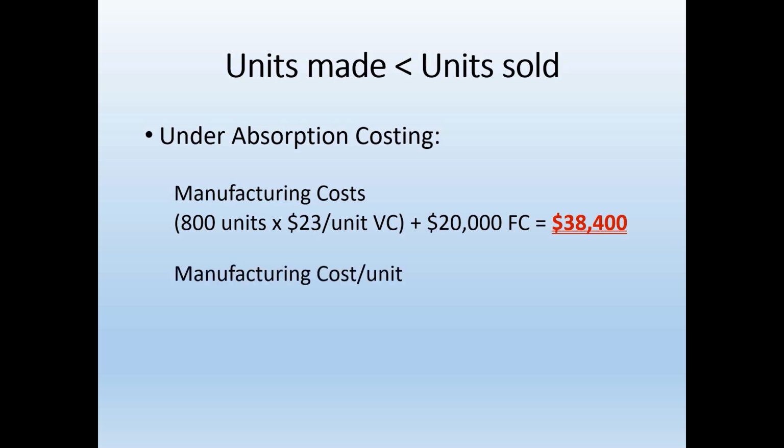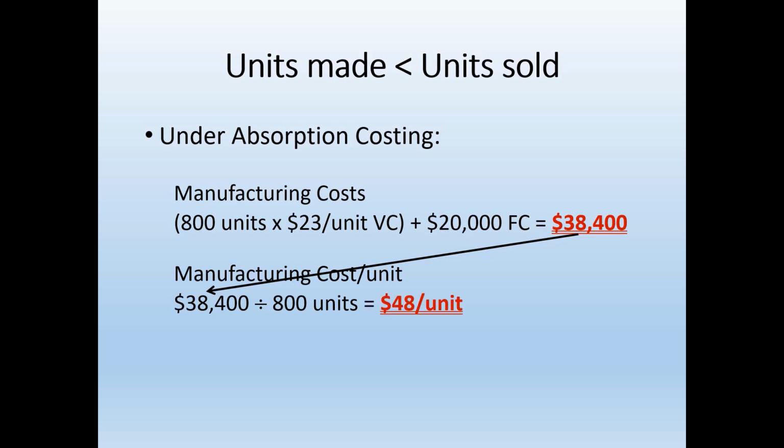To find the manufacturing cost per unit, we divide the total manufacturing cost by the 800 units that the firm made, and we find that in December it cost the firm $48 per unit.